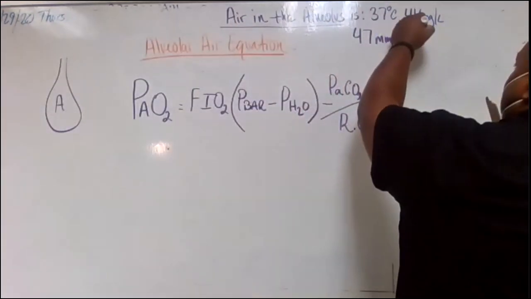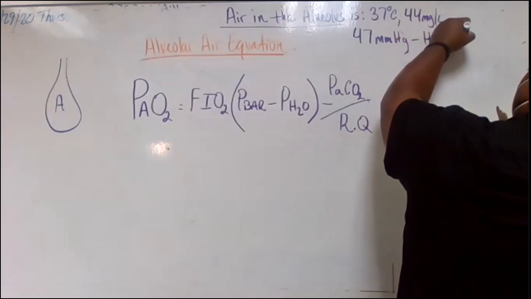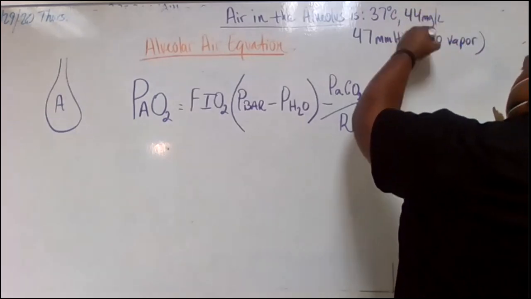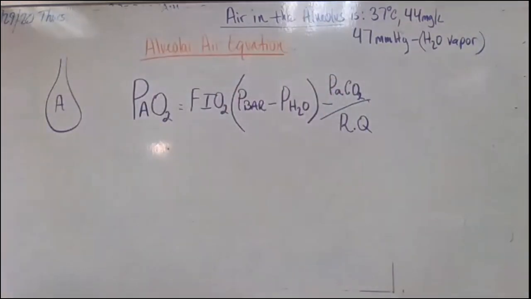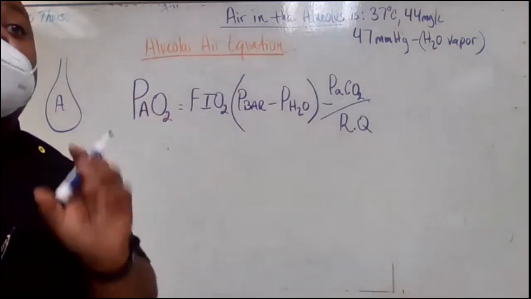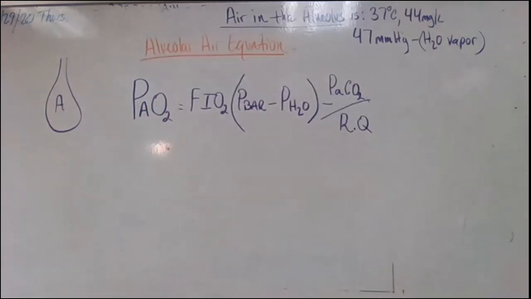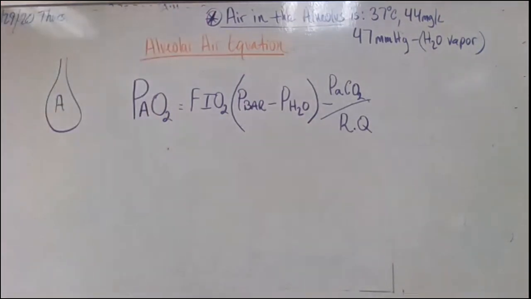This is the water vapor, H2O vapor. That water vapor, 44 milligrams floating around your lungs, exerts 47 millimeters of mercury of pressure. It exerts its own pressure too. That is a true fact for the rest of your respiratory life.